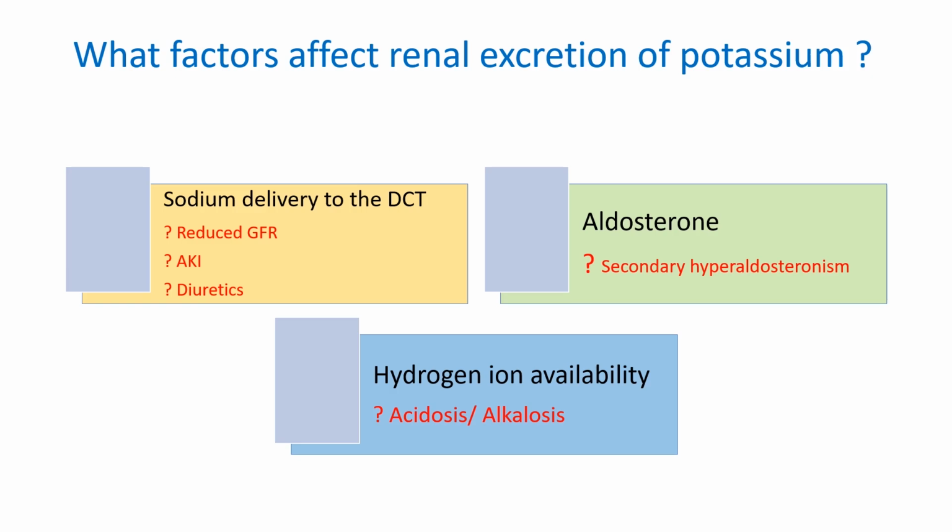And if this continues for a very long time, there will be a situation of hypokalemia. And this is why most times in an alkalotic condition, the patient usually has hypokalemia. So the availability of hydrogen ion will determine whether the patient will lose potassium or will retain potassium. So these are some of the factors that will affect how much potassium is excreted by the kidney.